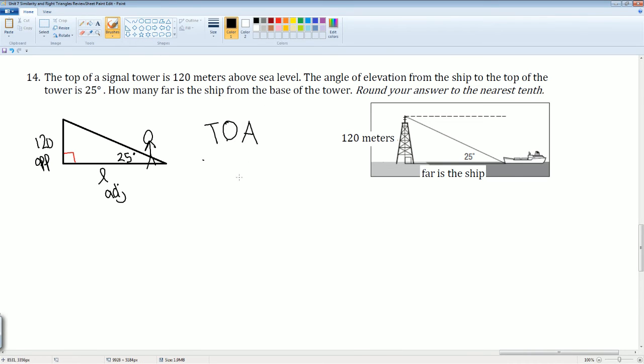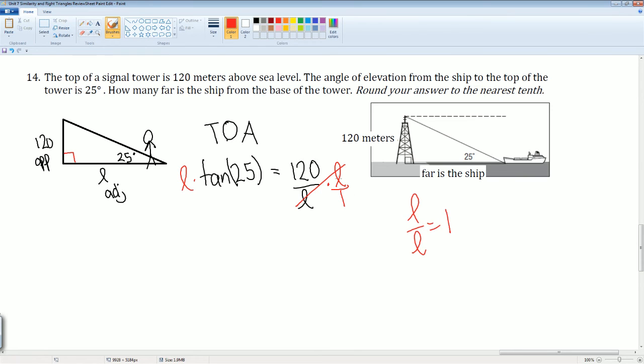Now I can set up my trig ratio. I can write tan of 25 degrees is equal to opposite, which is 120, divided by adjacent, which is L. I'm trying to get L alone, so I'm going to multiply both sides by L. Please understand why, because what's L over L? That becomes 1.